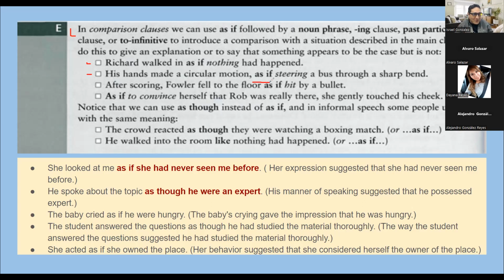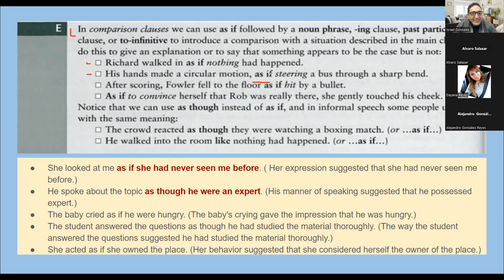I remember one of my friends in university, she told me, you drive as if you were driving a very big lorry or a trailer, and I just have a Chevy, a small Chevy. So she told me as if. I didn't have a trailer, but it was really complicated.